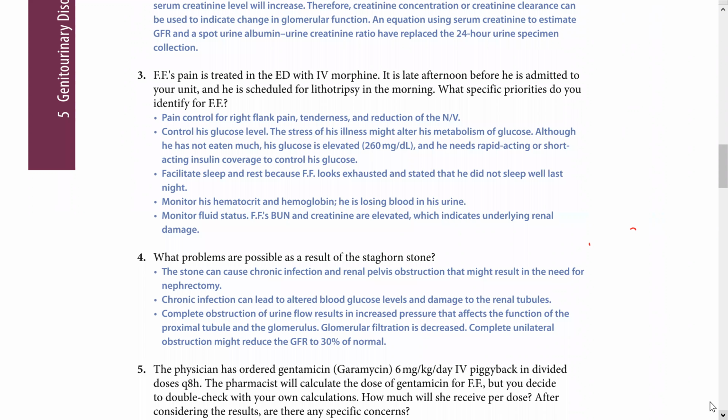If the level was 25, would we be therapeutic? If the range is 17 to 35, yes. So what if your level was 12? Would you be therapeutic? If your gentamicin level, and this would be if we're measuring the trough, came back and it was 12, would you be therapeutic?